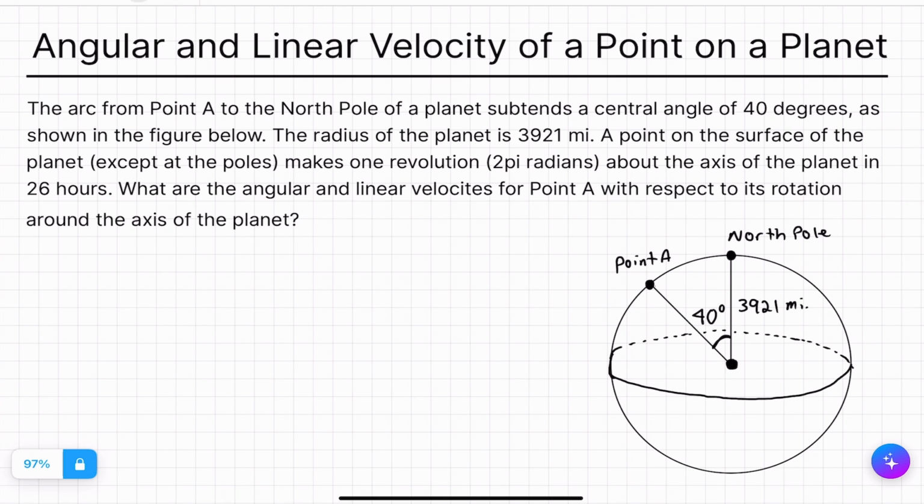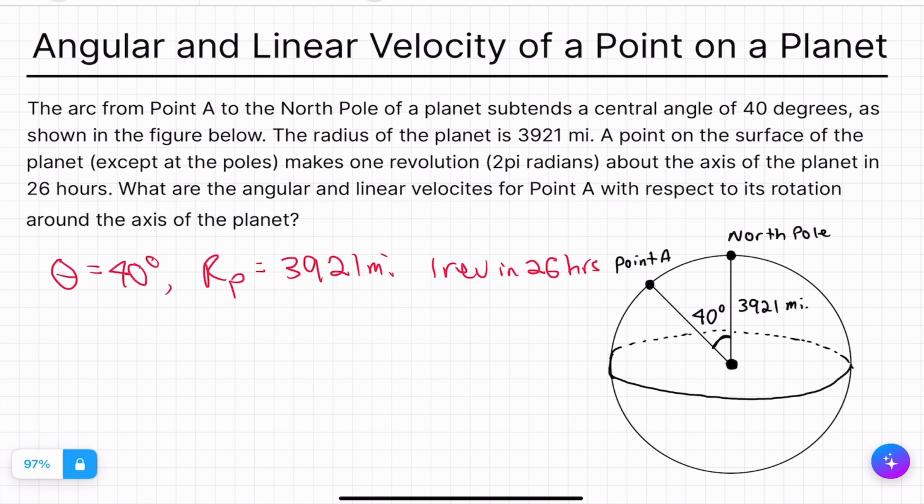All right, for problems like these, I always like to take the information that I'm given and write it in one place. So we know that we have a theta of 40 degrees, we have a planetary radius of 3,921 miles, and we know that a point, except at the poles, makes one revolution in 26 hours.